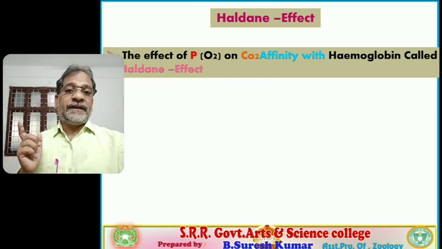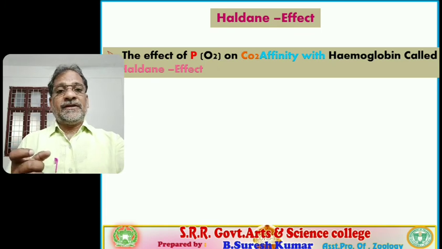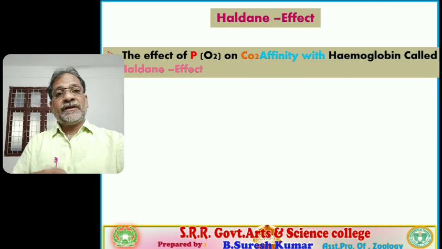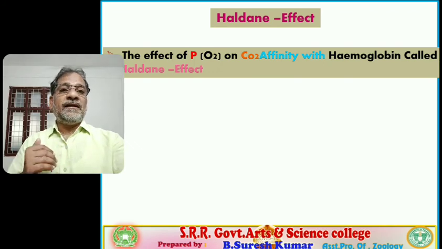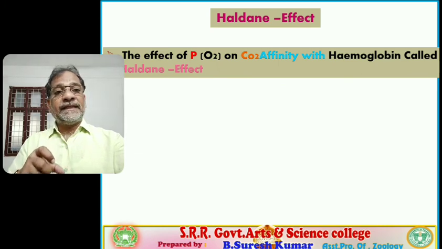We learned the Bohr effect there. There we observed the influence of partial pressure of carbon dioxide. But in the Haldane effect you observe the effect of partial pressure of oxygen on carbon dioxide affinity with hemoglobin. In what way does oxygen influence carbon dioxide affinity with hemoglobin?